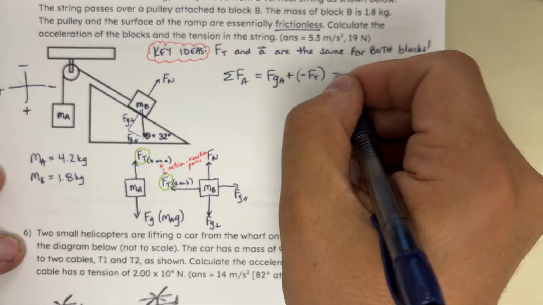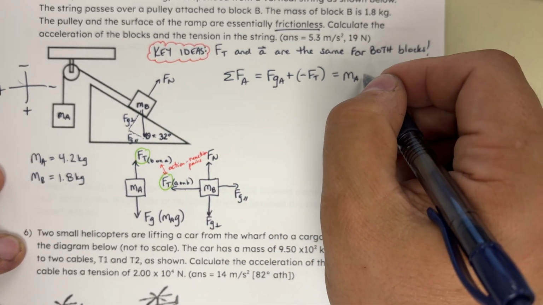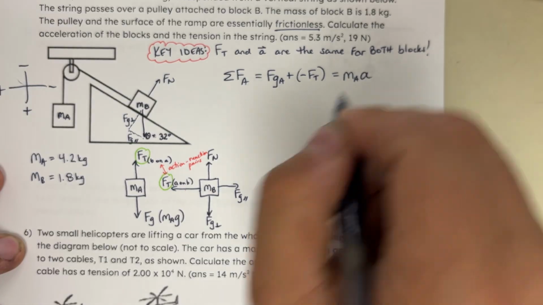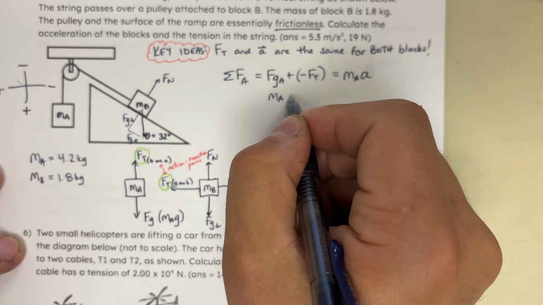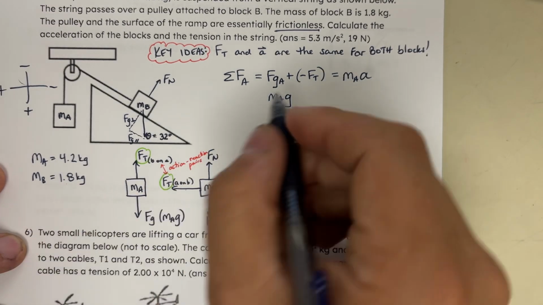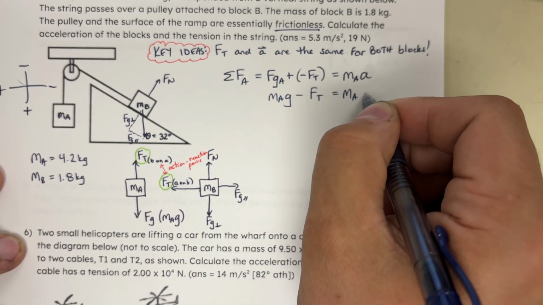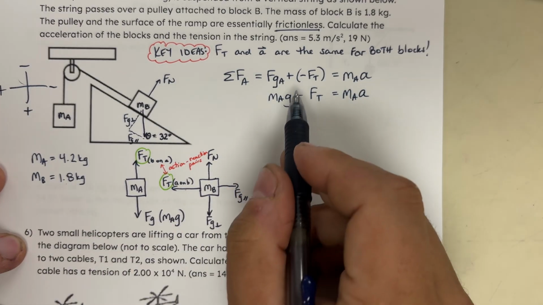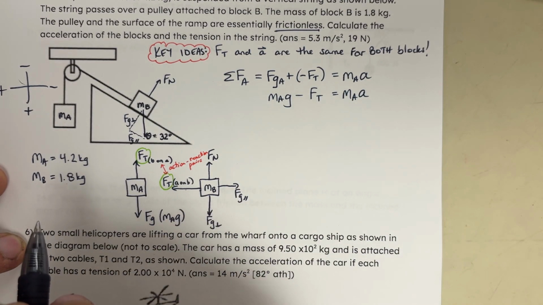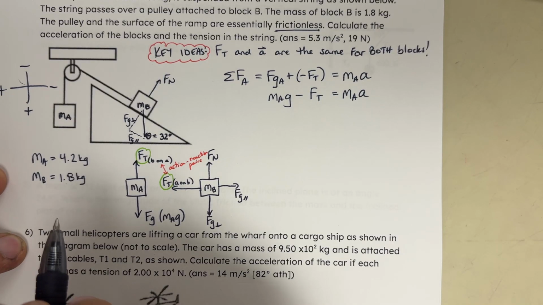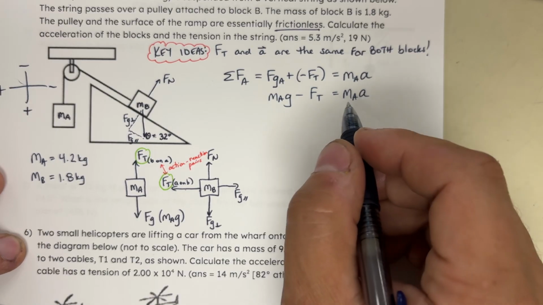Now this is going to be equal to mass times acceleration, and this is once again the mass of A times acceleration, which is what we are looking for. And FGA is mass of A times gravity minus the tension force, mass of A times acceleration. Now I cannot cancel the mass of A right here, because I still have this FT, or tension force. Okay, so this is one of my statements right here.